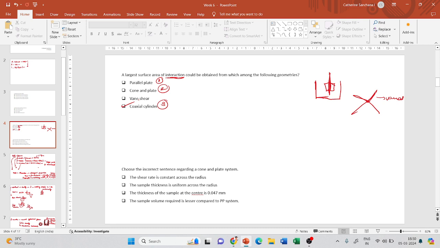Now moving to the next question: choose the incorrect sentence regarding a cone and plate geometry. If you see, the shear rate is constant across the radius.